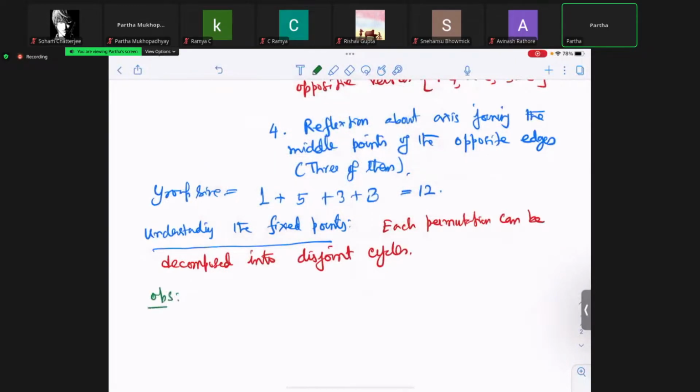Some basic observation. Coloring. Shall I write it?